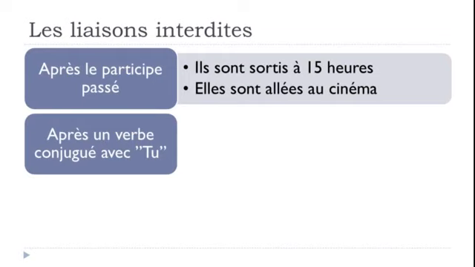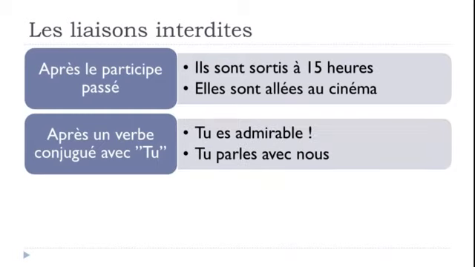And then, well, a quite important thing as well, après un verbe conjugué avec tu. Many persons send me messages regarding this thing when I do the conjugation, and when I conjugate the verbs, they say that, you know, it's quite strange because you don't make the liaison when it's for tu. Well, just because it's a rule.